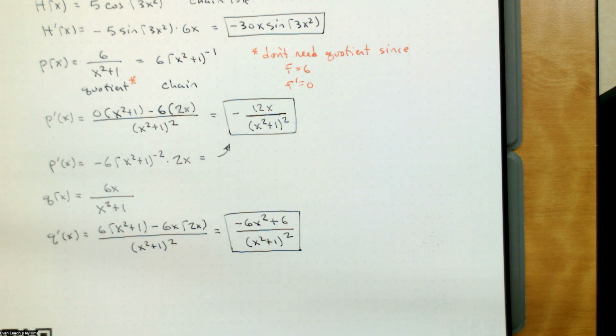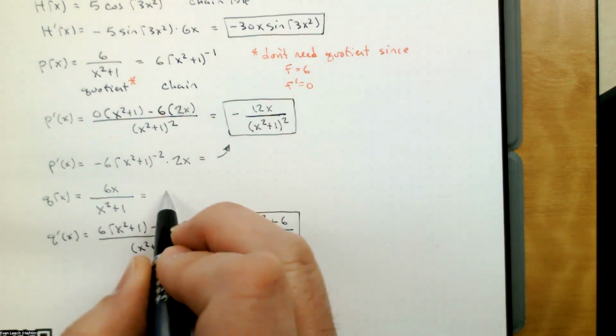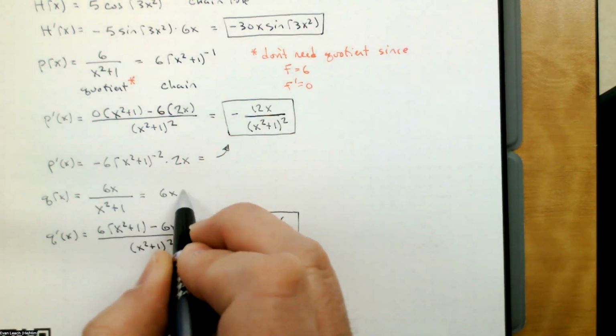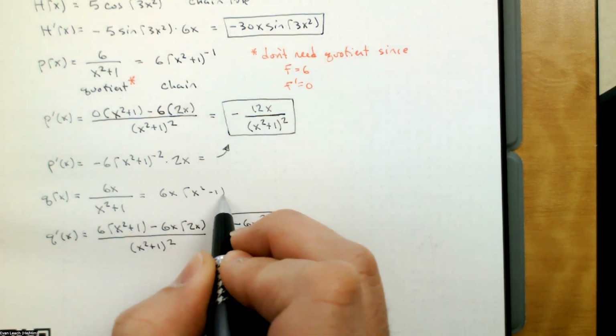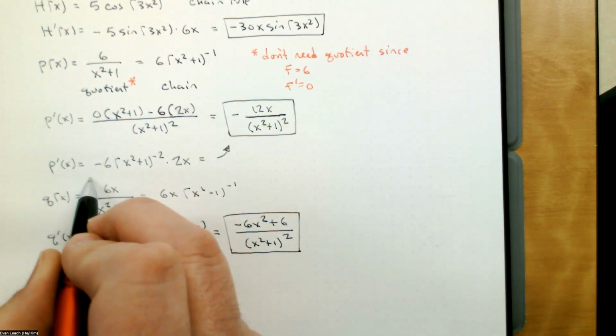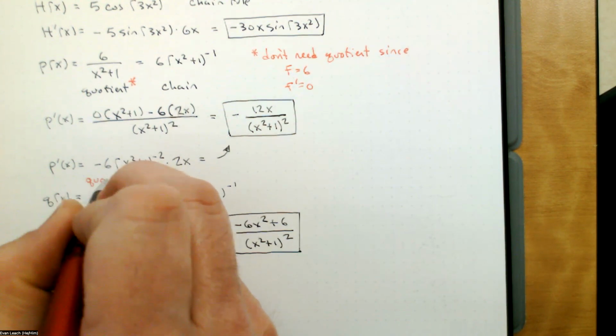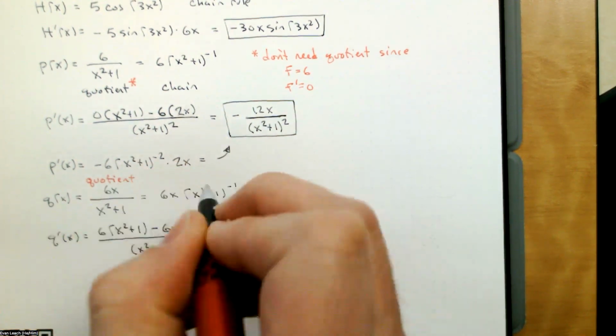This is not the only way that we could have proceeded with this problem. We could have also read this as a product rule problem, and we just combine it with a chain rule. So we could write this as 6x times x squared minus 1 to the negative 1. So it works as a quotient or a product.